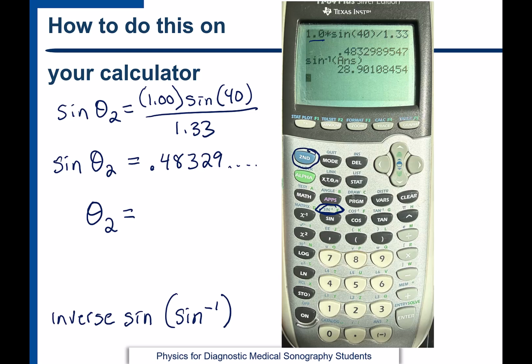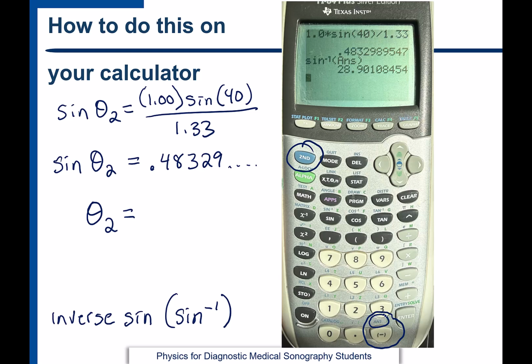So I hit second and then the sine key, which gave me sine to the minus 1, so that's how that appears. And then I just wanted to do it to this number. I'm not sure how many of you use the answer button on your calculator, but it's really helpful. It allows you to take the answer that you just got and plug it into something. The way you do that is you hit second and then the key where it says A-N-S for answer.